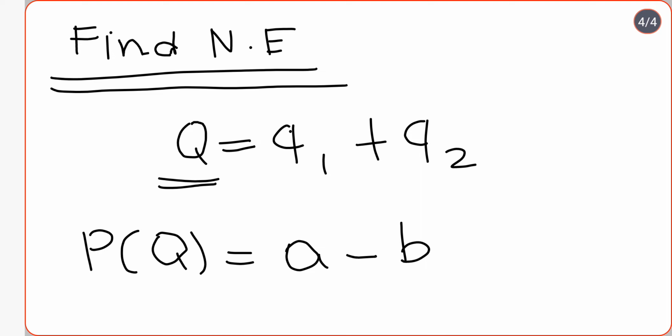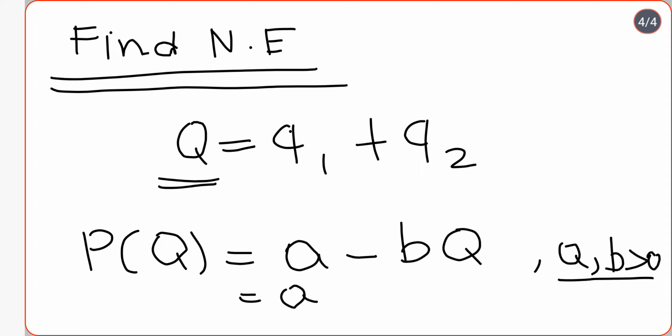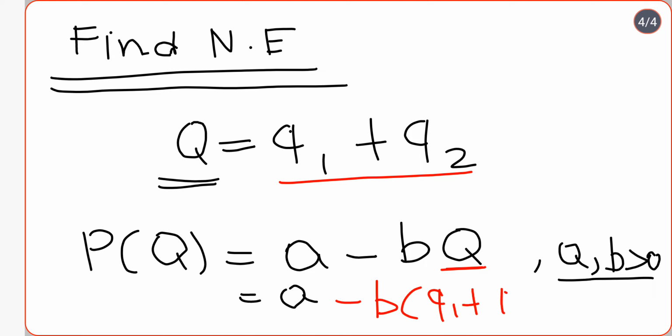So if we take a linear function where we represent price as a function of quantity, it will be P = a - bQ. Here a and b are positive constants. In place of capital Q, I can put Q1 plus Q2, so it will be a - b(Q1 + Q2).